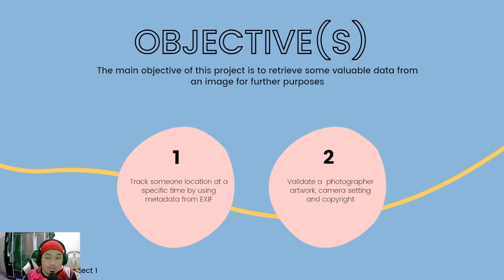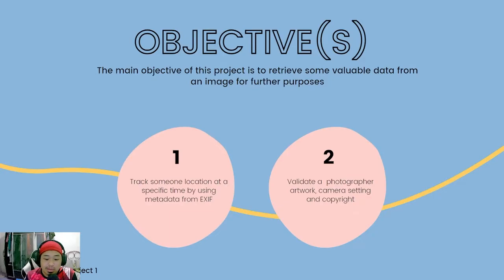So this project tries to get that Exif data that was separated from the image, and from that we can track people's location and also their specific time, because the time the picture was taken is also embedded. And the second objective is to validate a photographer's artwork, camera settings, and also copyright.